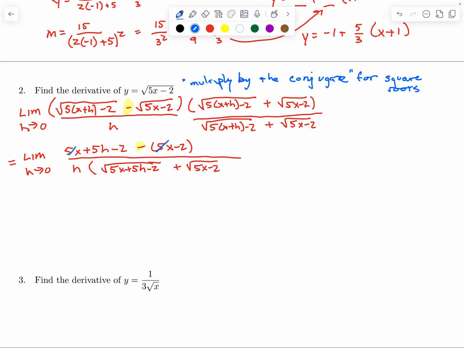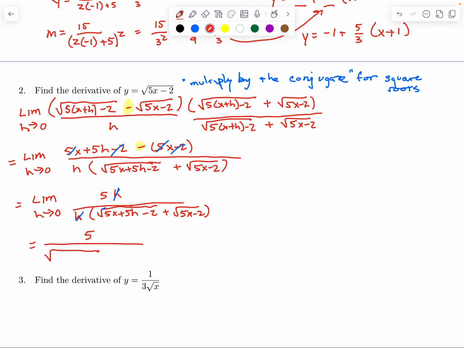Let's see. 5x cancels, minus 2 cancels, and we are left with, okay, a banana plus a banana is 2 bananas.